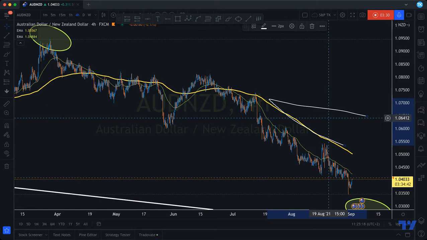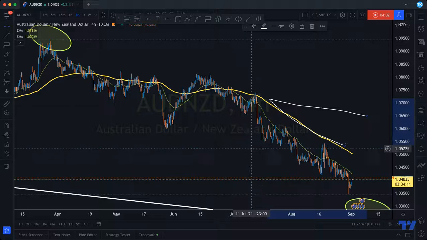So for this reason the 4-hour time frame is important, because if the 4-hour time frame confirms what I see on the daily and weekly time frame, then it means that on a lower time frame I will trade in the same direction that I found on the 4-hour time frame. So on the 4-hour time frame we are short.